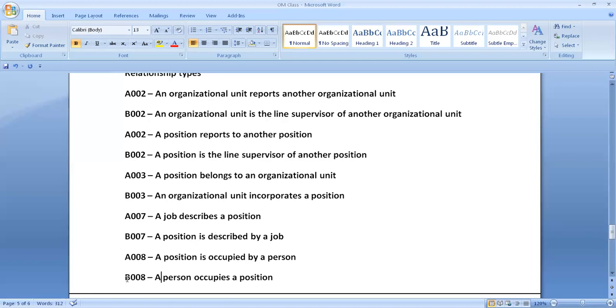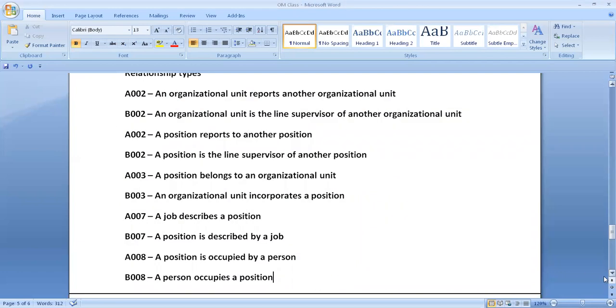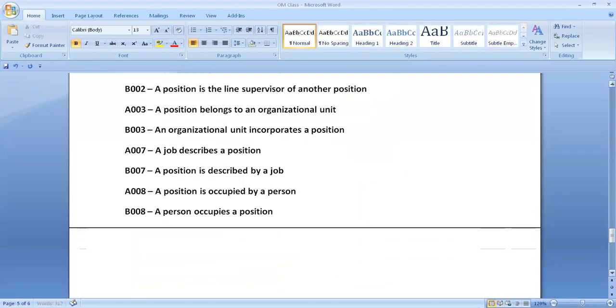That is nothing but the B008 relationship. So these are the absolute basic relationships that you need to remember.